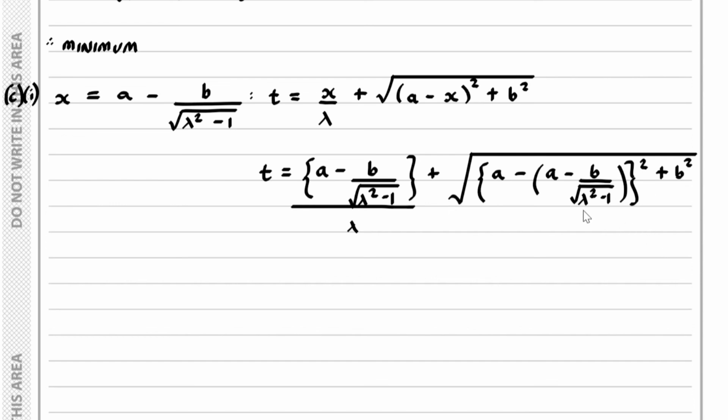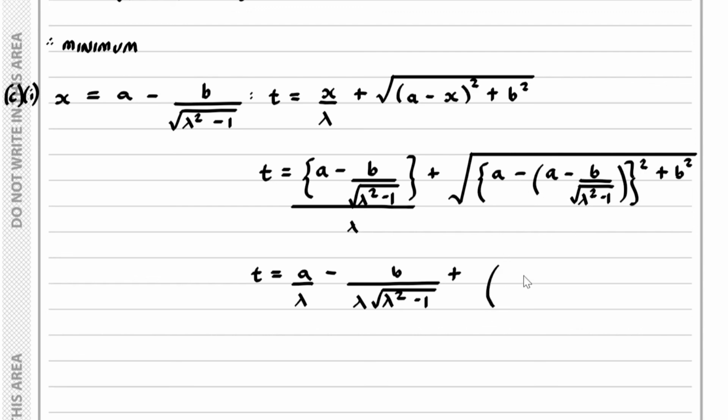So now we need to simplify all this. So let's think about what we end up with. Well, here I can rewrite this as a over lambda subtract b over lambda multiplied by lambda squared minus 1, plus, now inside here we have a minus a, and then we've got the minus and the minus giving a plus.